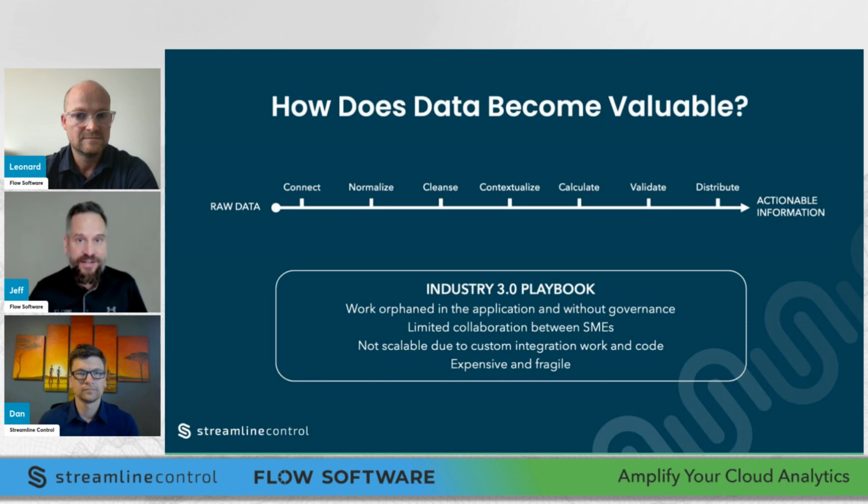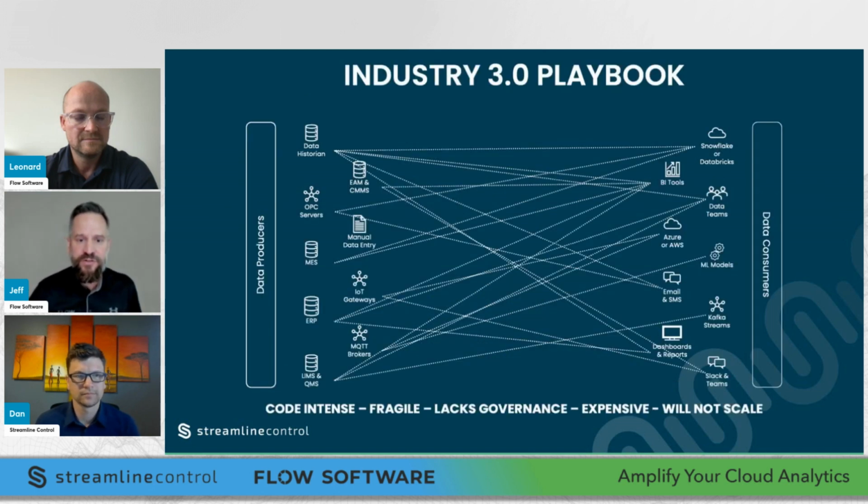Then you're ready to aggregate it, calculate it, come up with KPIs, identify event frames, validate the results of those calculations, and then distribute that information. The issue is, if we take a page out of the Industry 3.0 playbook, the way that we've been doing this, where has this process lived to go from raw data into information?